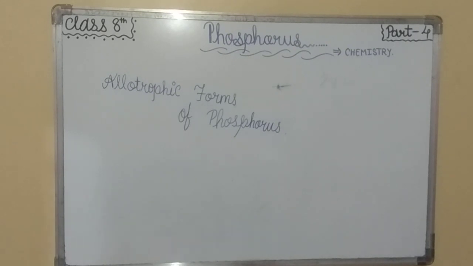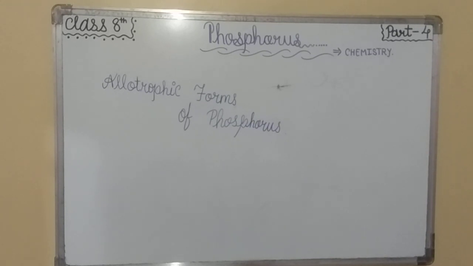First of all, what is the meaning of allotropes? Allotropes are different structural forms of the same element in the same physical state. Phosphorus also exhibits allotropy, like carbon and sulfur.